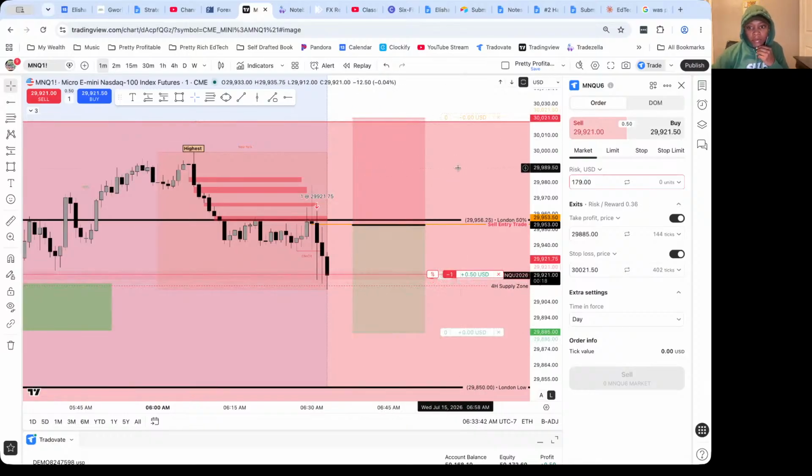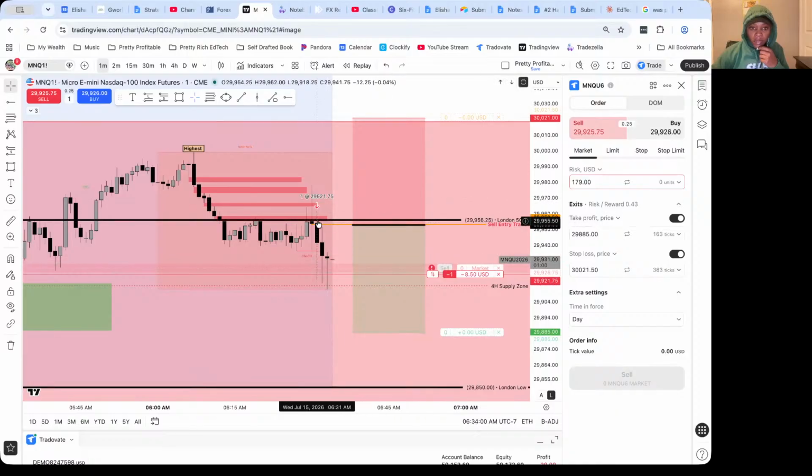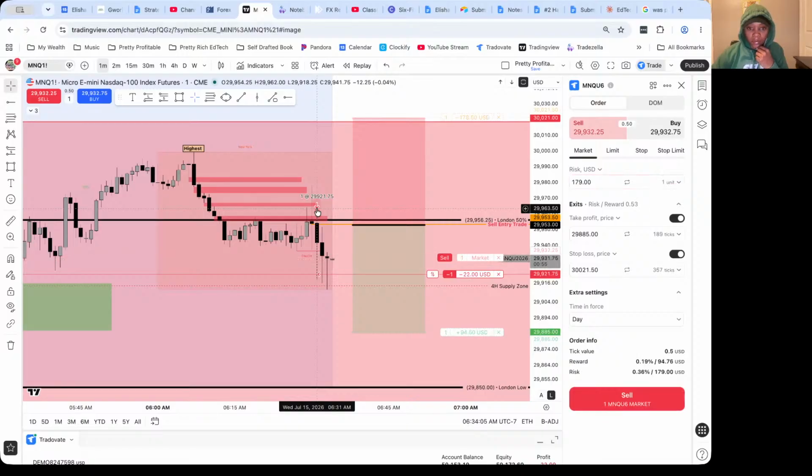I just have to do a market because if I enter right here, so my entry is at the bottom of that wick.